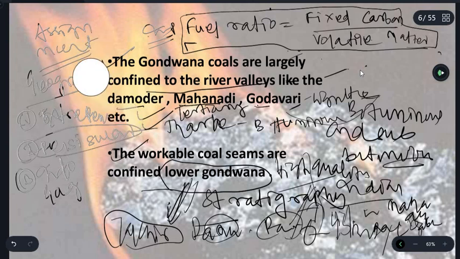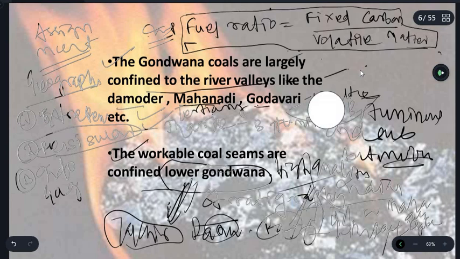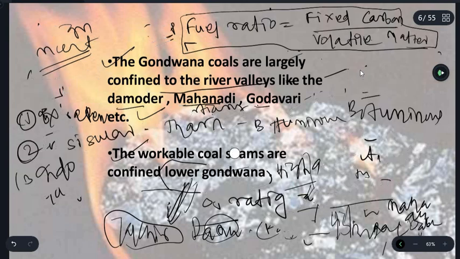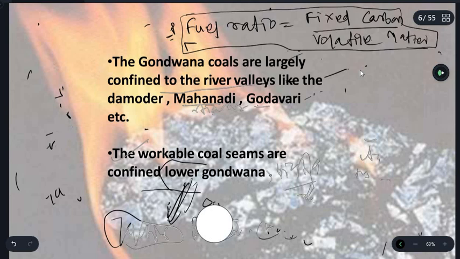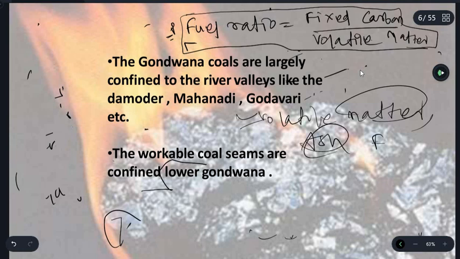Sir, on burning it, the weight loss is the volatile matter; in simple terms, from 100% you reduce the volatile matter and ash, and the carbon percent that remains is called fixed carbon. Which do you remove? Volatile matter and ash. Yes, exactly right. Suppose you remove the volatile matter and ash from the coal sample, you will get the fixed carbon percentage.